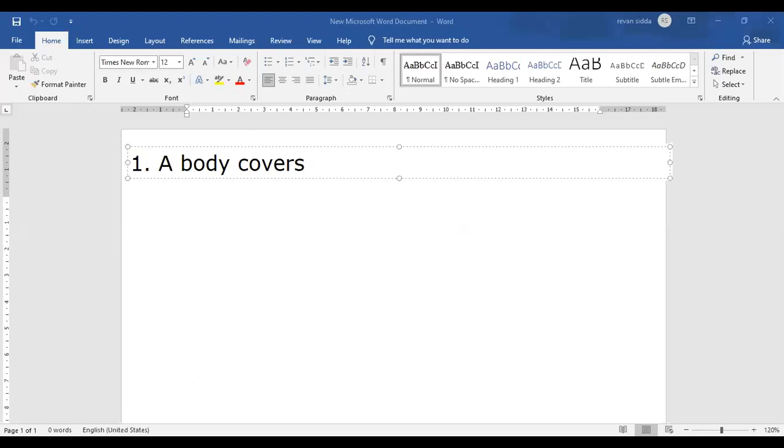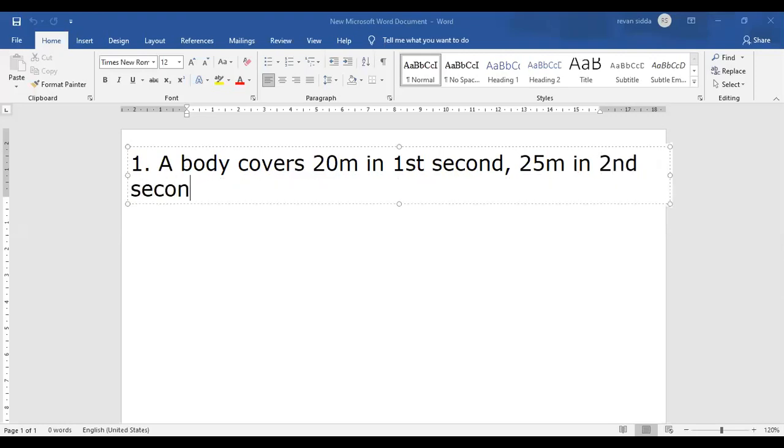A body covers 20 meters in the first second, 25 meters in the second second, and 45 meters in the third second.